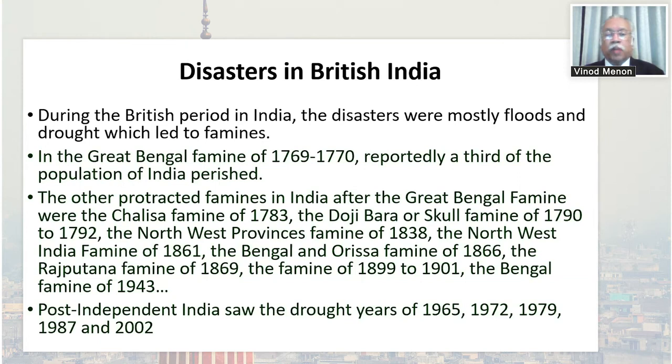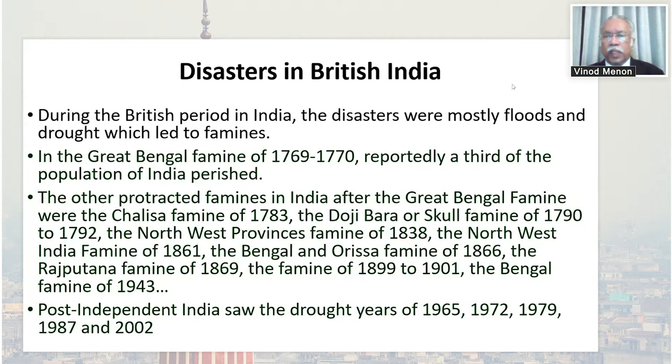And the other protracted famines after that were the Chalisa famine of 1783, the Doji Bara or the Skull famine of 1790 to 1792, the Northwest Provinces famine of 1838, the Northwest India famine of 1861, the Bengal and Orissa famine of 1866, the Rajputana famine of 1869, the famine of 1899 to 1901, and the Bengal famine of 1943, just before the end of World War II. And then India got independence in 1947, and we have the drought years in 1965, 1972, 1979, 1987, and 2002.